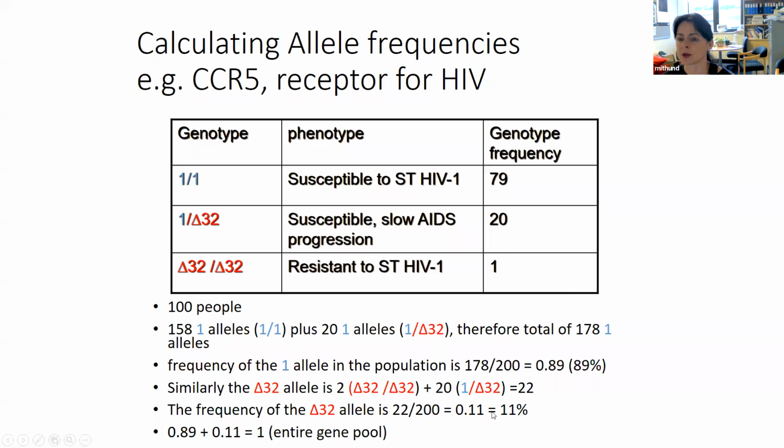Obviously, because P plus Q equals 1, these 2 add up. So you didn't need to calculate this one; you could just subtract 0.89 from 1, which also gives you 0.11 as the frequency of the minor or recessive allele. And that is your entire gene pool for this particular genotype.